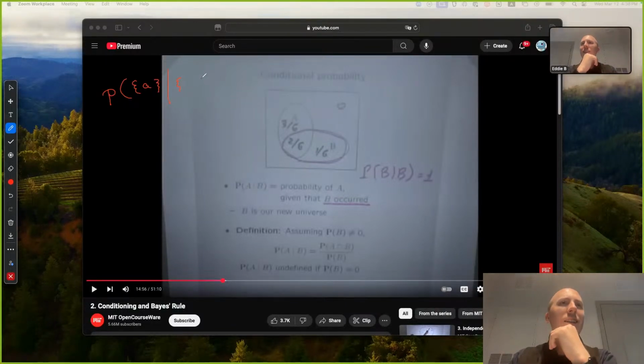These are just two events. So we'll just say, what's the probability of A given A? Well, one of these things happened. What's the probability that one of these things happened? Well, this is like 1-to-1.